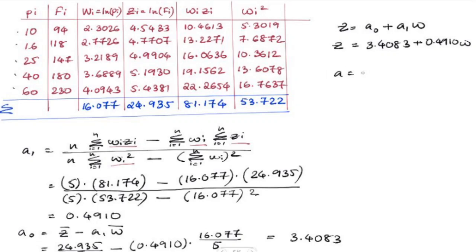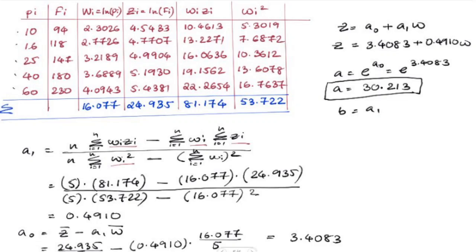So a, as you know it already, is e to the power a naught. So e to the power a naught, that is 3.4083. So that a is equal to 30.213. So we got the value of a here now, and we already know b is just equal to A1. So b, the value is 0.4910, so that's the value of b.